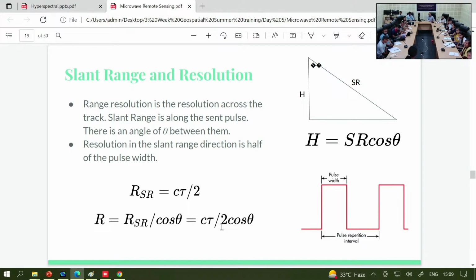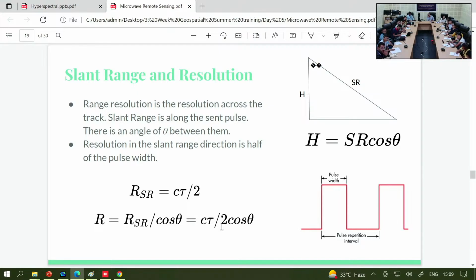Over there, along the image and across the image, the resolution remains the same. In case of microwave, that's not the case. Along the range there is one resolution, and along the azimuth there is another resolution.